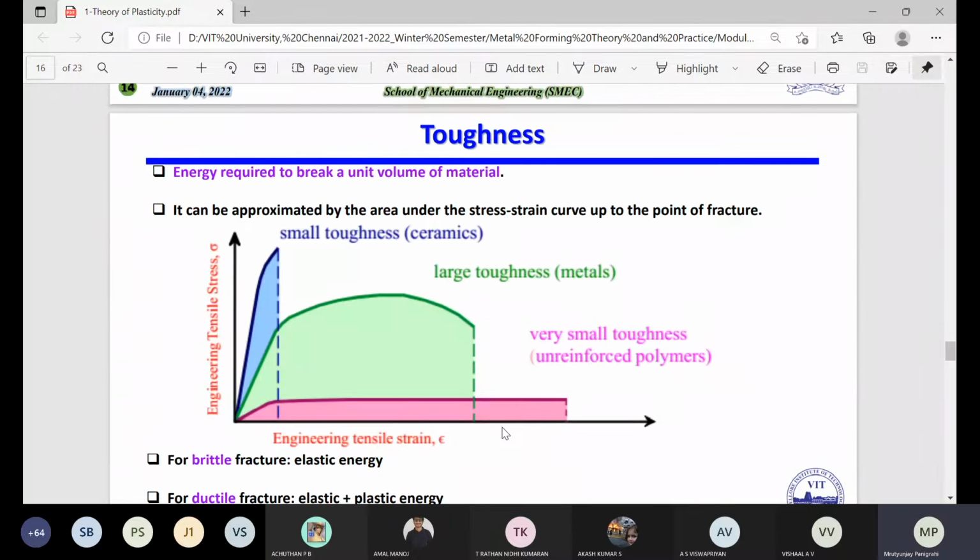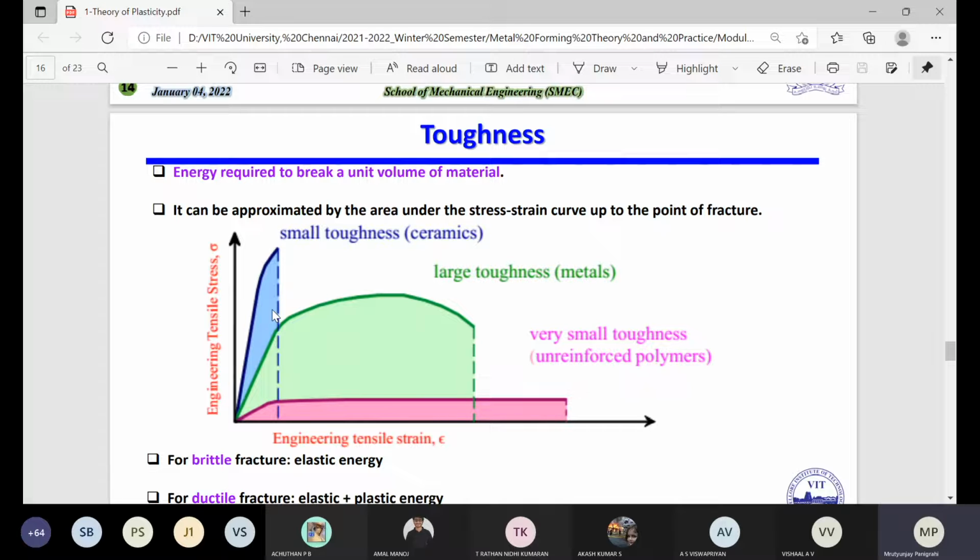And then next we have toughness. So what is toughness? It is the energy required to break a unit volume of material. If you see the engineering tensile stress and engineering tensile strain, ceramics normally give small toughness, and their graph will be different.